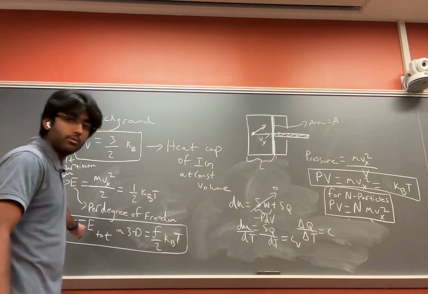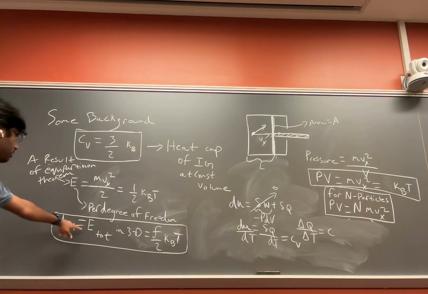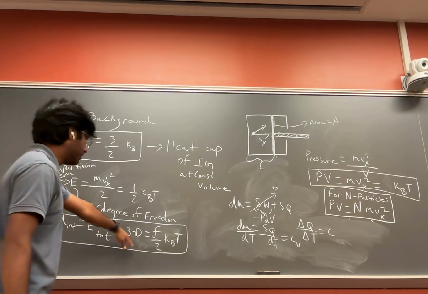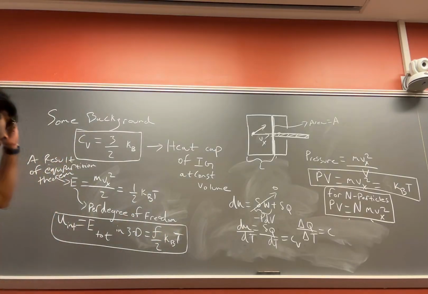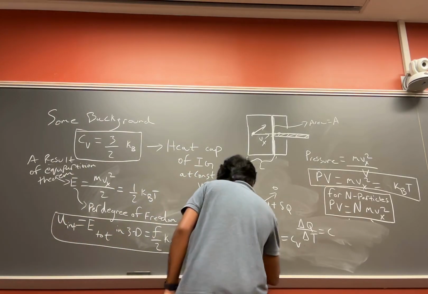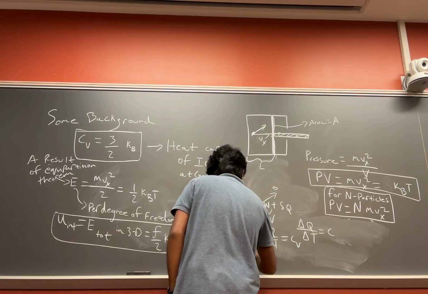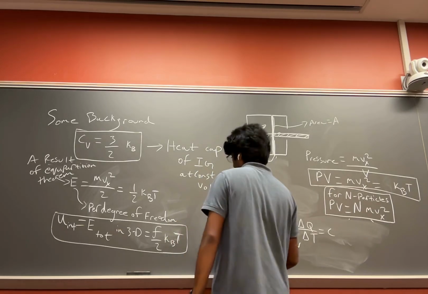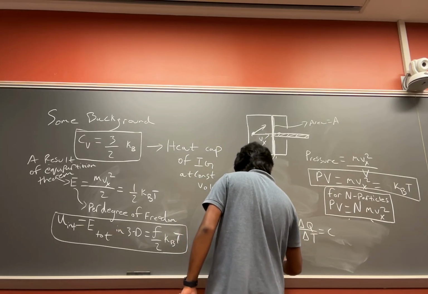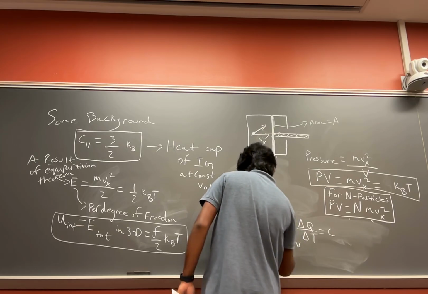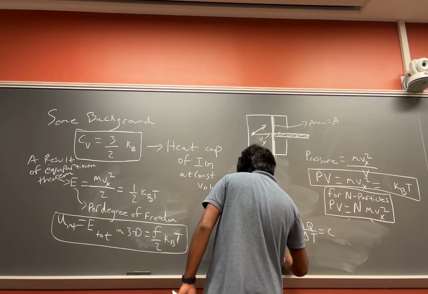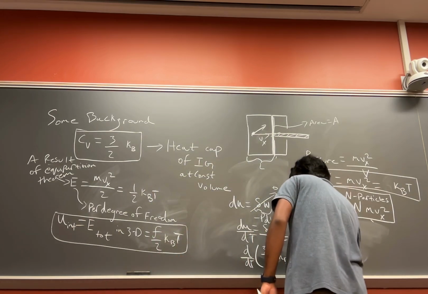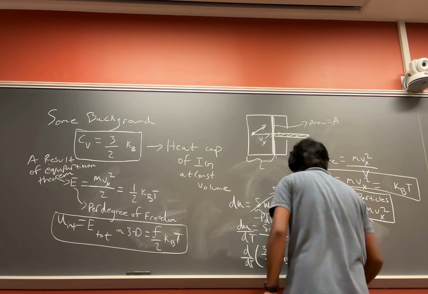And from our previous result, we know that U internal is just f over 2 kBT. And in 3 dimensions, it would just be 3 over 2 kBT. So the derivative with respect to T of our 3 over 2 n kBT, we get 3 over 2 n kB.